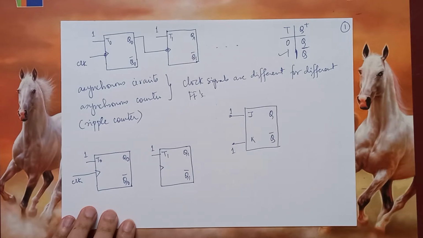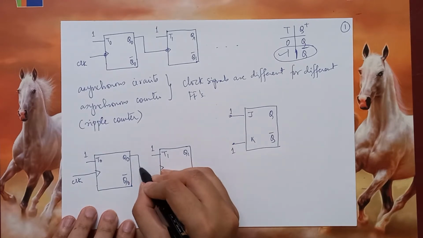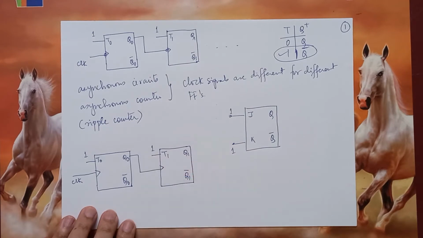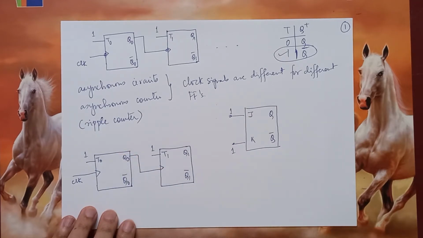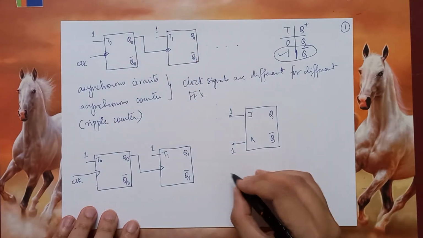There is no need to change that because we will still try to use this particular phenomenon of the T flip-flop. Now, suppose we connect the clock of the second flip-flop as Q0, which is very similar to what we have been doing so far. Now let us see what will happen.